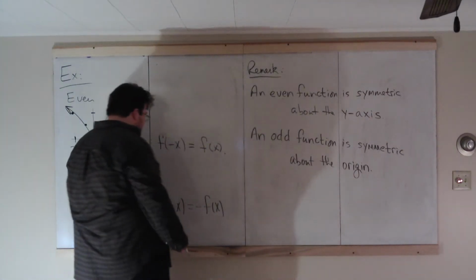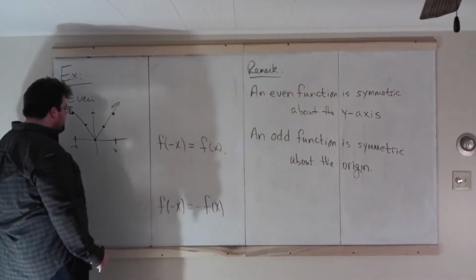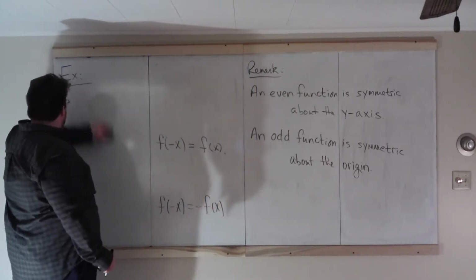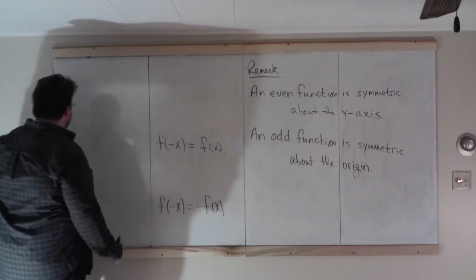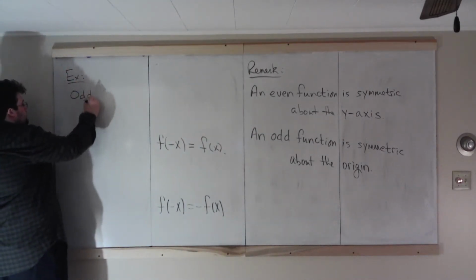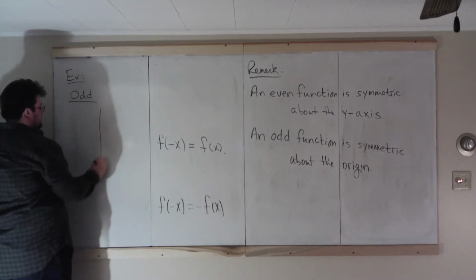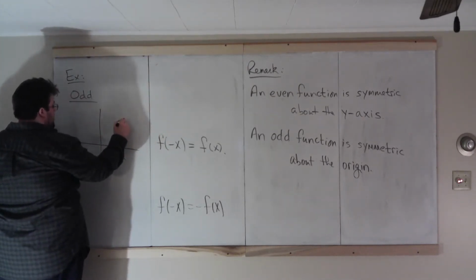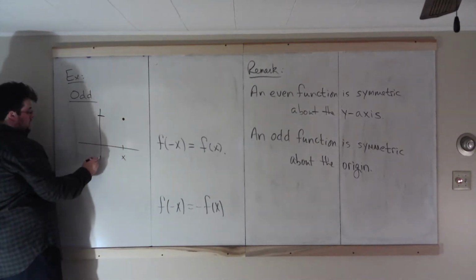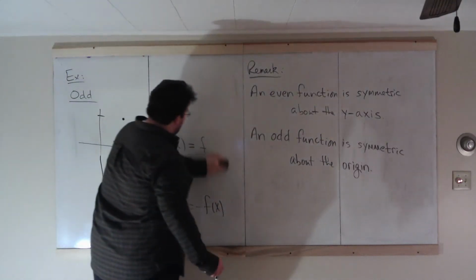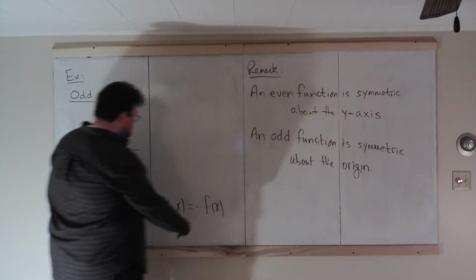And why does that work for odd functions? Well, let's look at that. For odd, I guess this is a continuation of that example. For odd functions, symmetric about the origin. Well, here's x. Let's say f of x is somewhere up here. What does an odd function satisfy? It satisfies this second property down here.